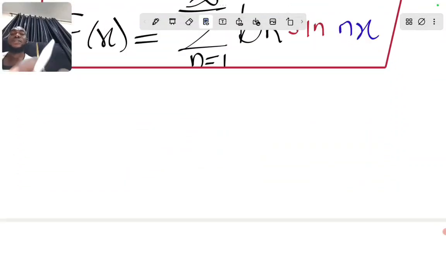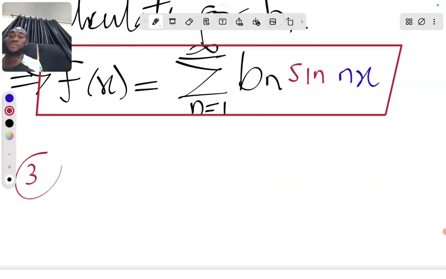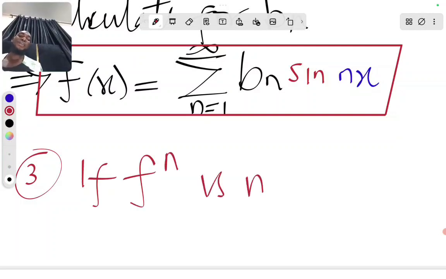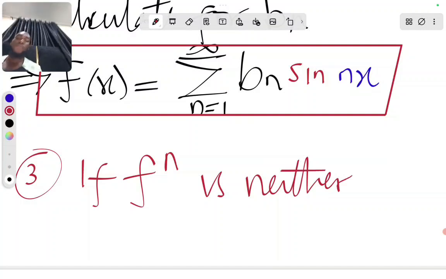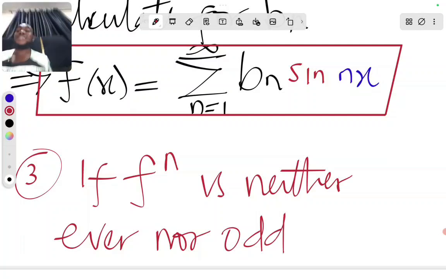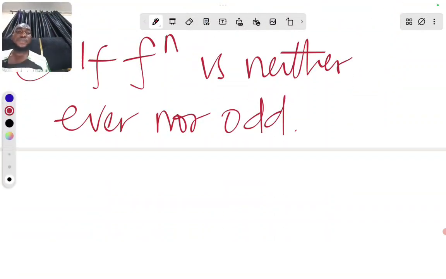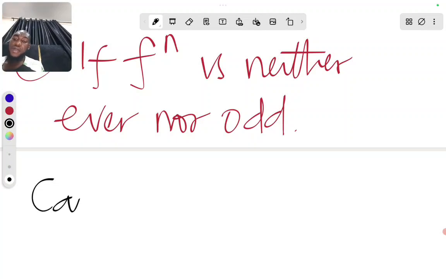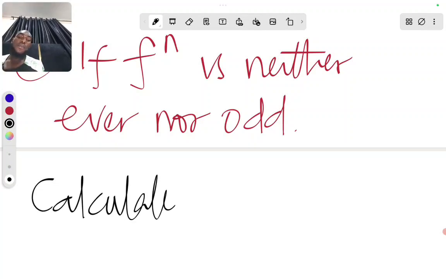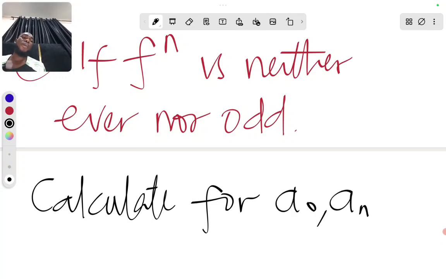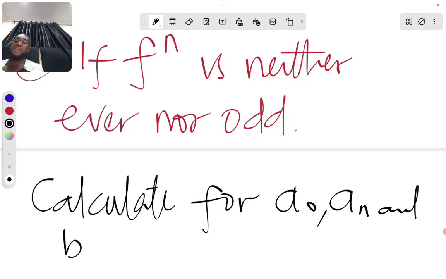The last one that we are going to discuss, which is the third one. If the given function is neither even nor odd, that is, that function is not even and it is not an odd function, therefore you are going to calculate for a naught, an, and bn.